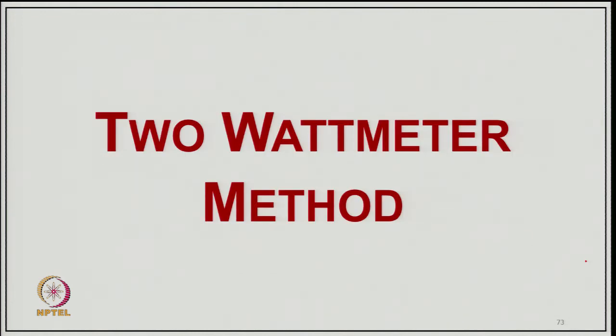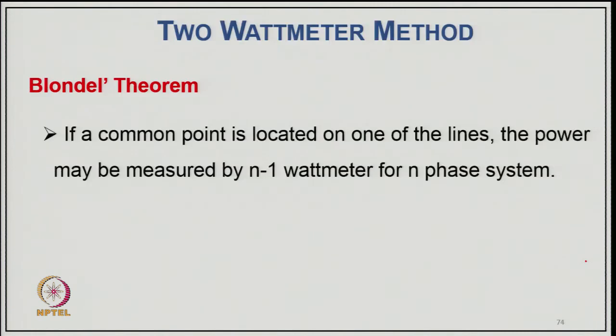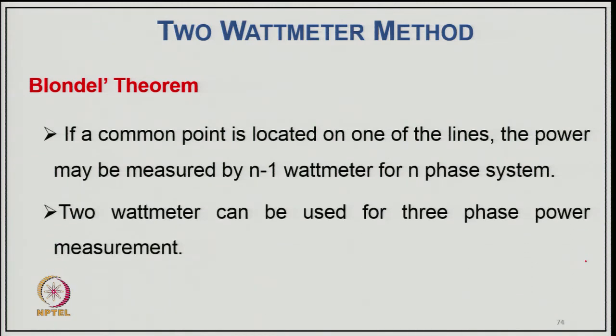Now, in the case of the 2 wattmeter method, Blondel's theorem says that if a common point is located on one of the lines, the power may be measured by n minus 1 wattmeters for an n phase system. Based on Blondel's theorem, we can say 2 wattmeters can be used for measurement of 3 phase power.